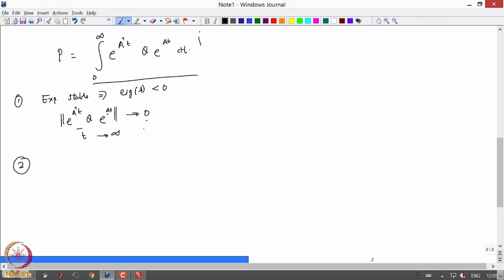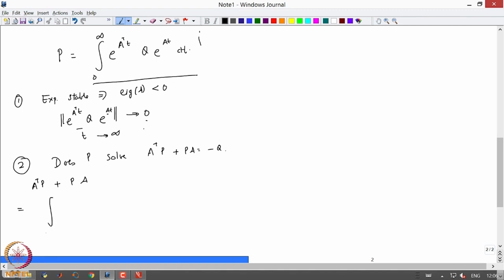Step number 2: now does P solve this equation, A transpose P plus P A equals minus Q? Just substitute this in this equation.